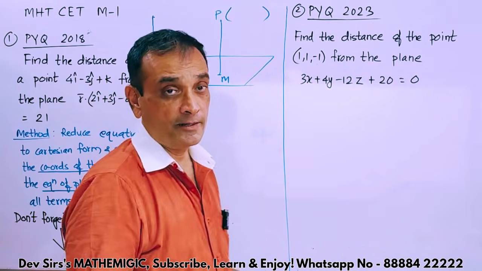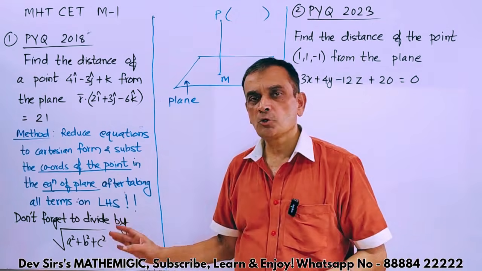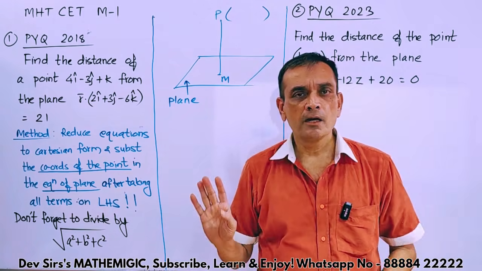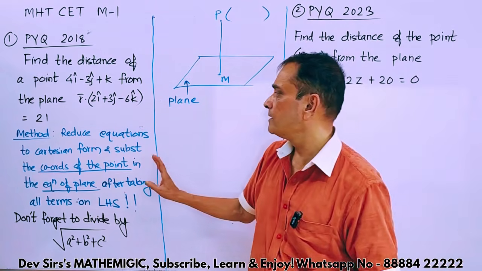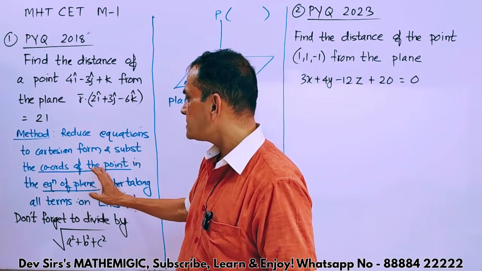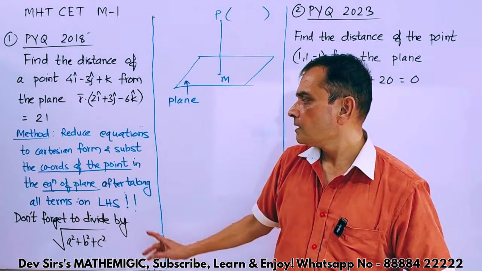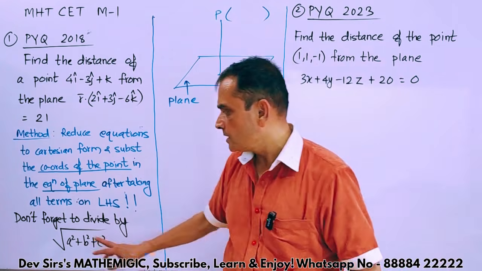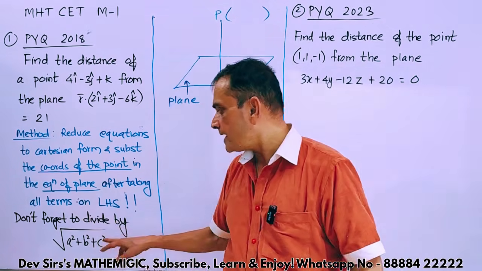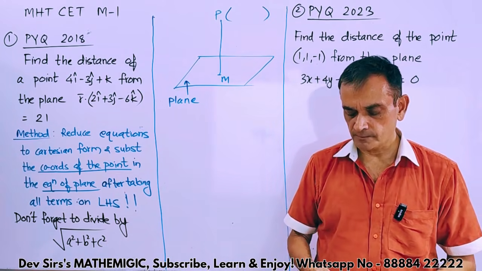Now what is the method? Reduce both equations to Cartesian form, and substitute the coordinates of the point in the equation of the plane. After taking all terms on the left hand side, I will make all this clear, don't worry. Don't forget to divide by root of a squared plus b squared plus c squared.